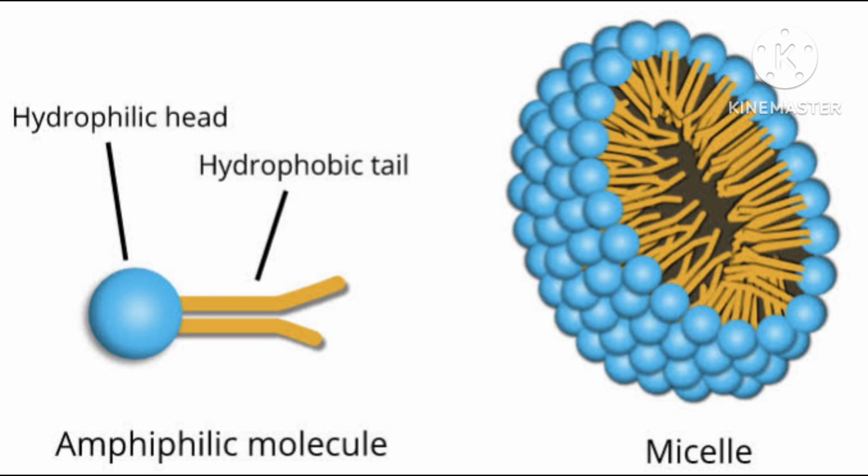Very important term. There are some substances which at low concentration behave as normal strong electrolytes, but at higher concentration exhibit colloidal behavior due to the formation of aggregates. The aggregated particles thus formed are called micelles, also known as associated colloids.